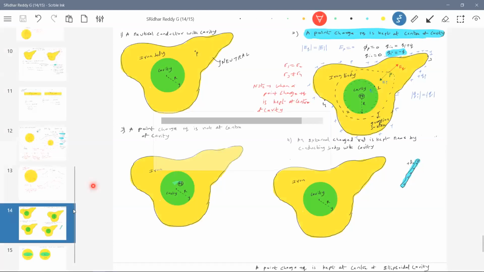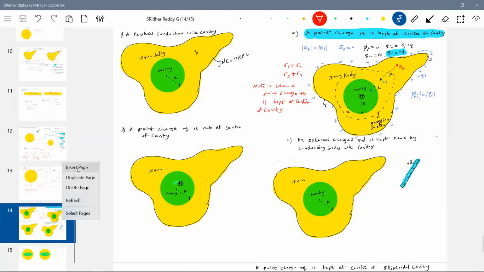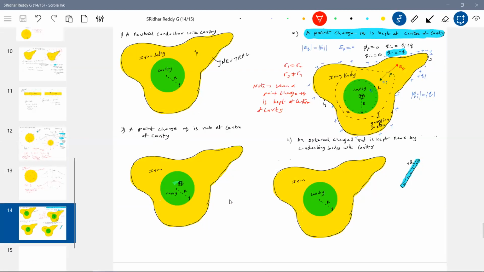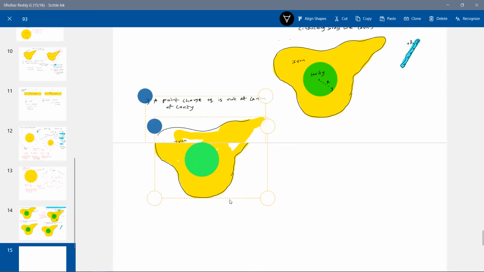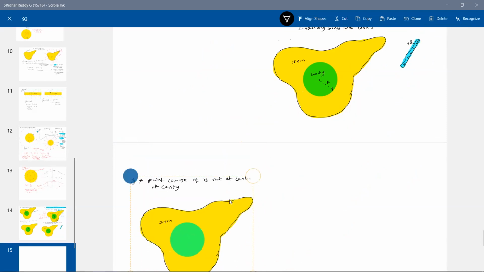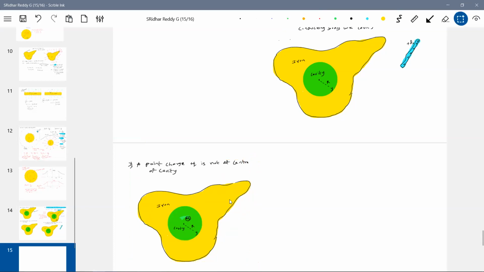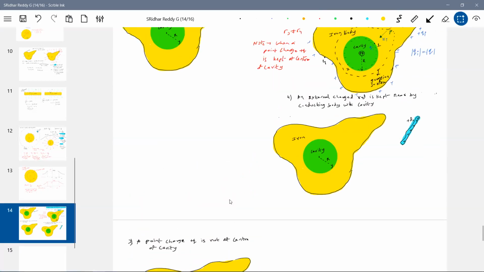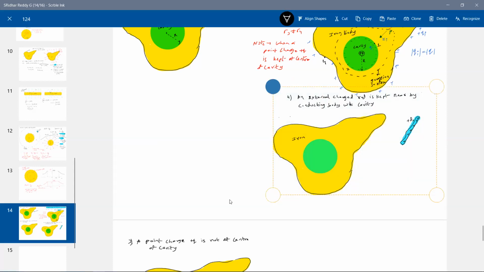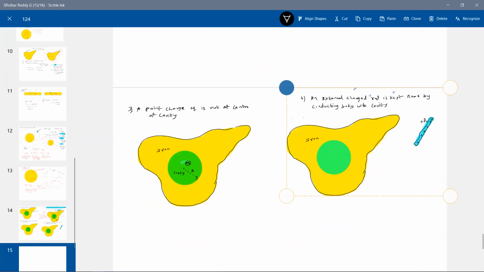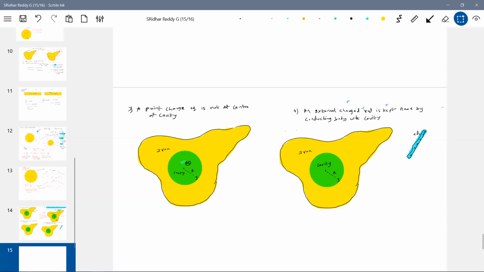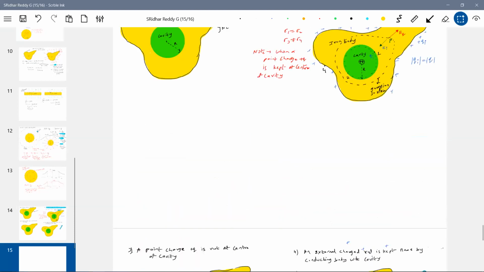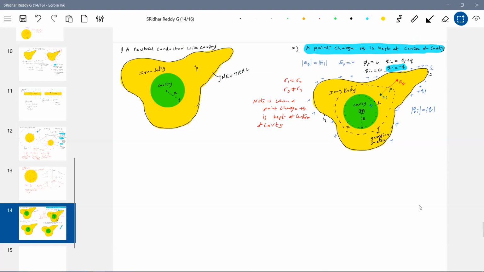I'll adjust it. Okay, yeah, we have enough space to write things.